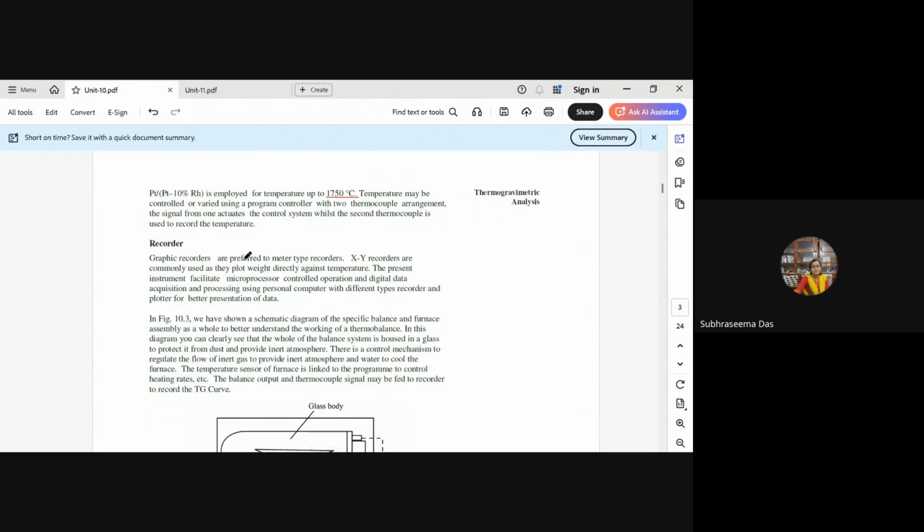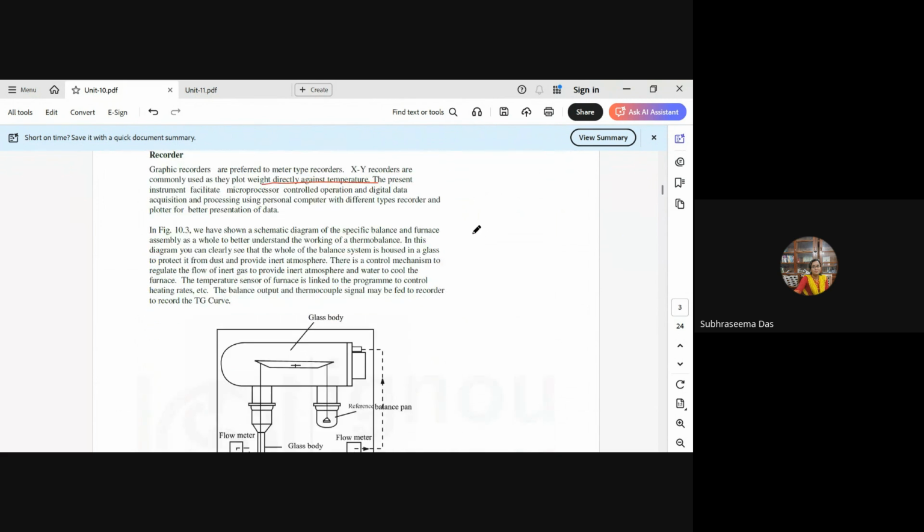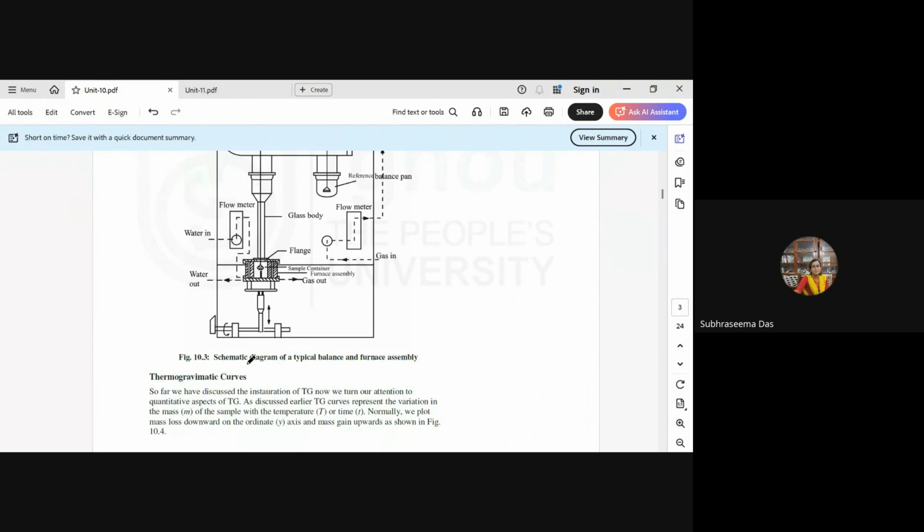Then comes the recorder. The graphical recorders are preferred to meter type recorders. The XY recorders are commonly used because they plot weight directly against the temperature. The present instruments facilitate microprocessor controlled operation, digital data acquisition and a better processing unit. In figure 10.3, you can see the schematic diagram of a typical balance and furnace assembly.